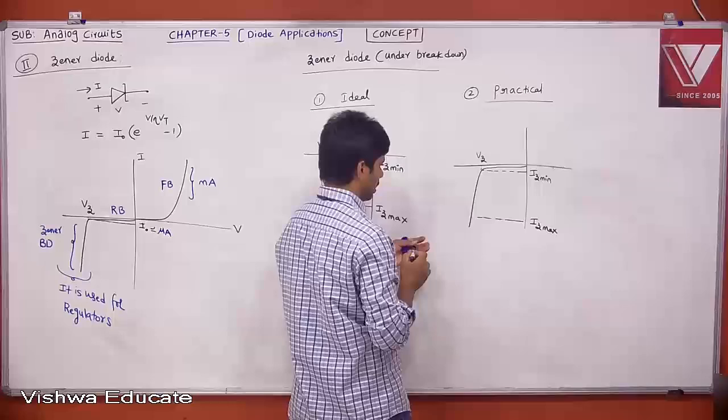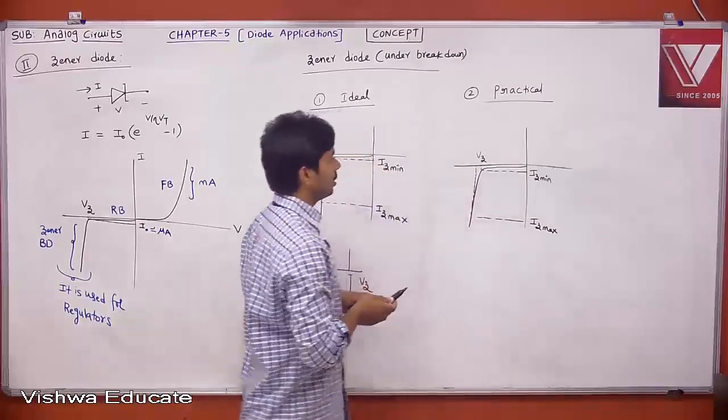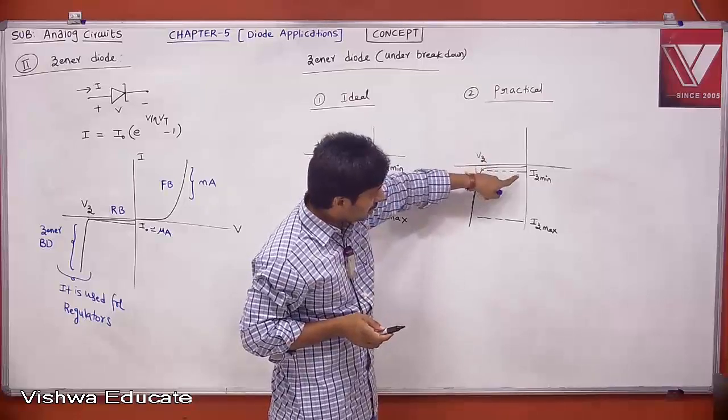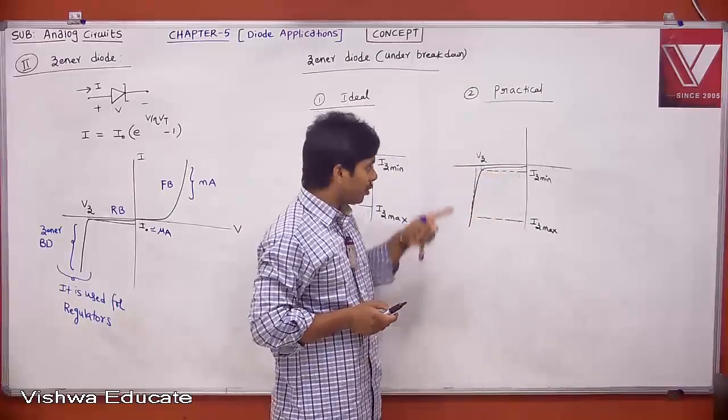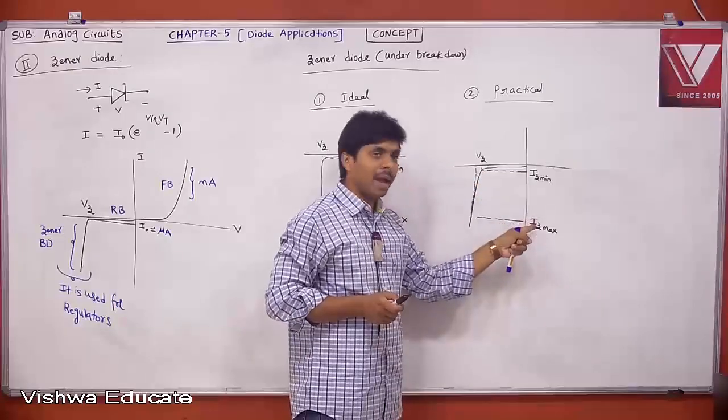But remember, there is some variation in VZ. For a small change in VZ, it will support the current from minimum to maximum. If you neglect the small change in VZ, then it can support the current from minimum to maximum.